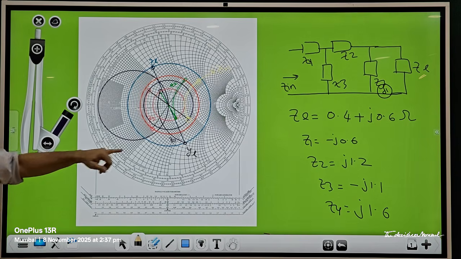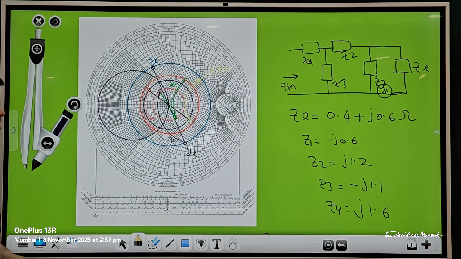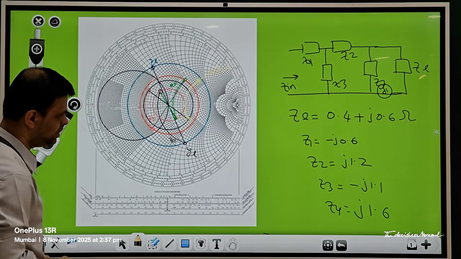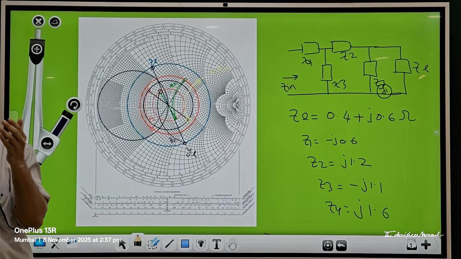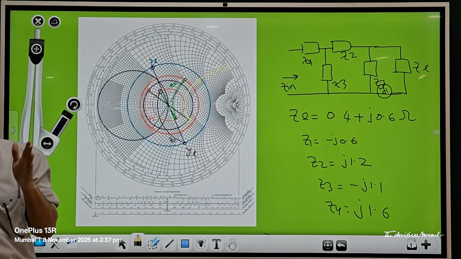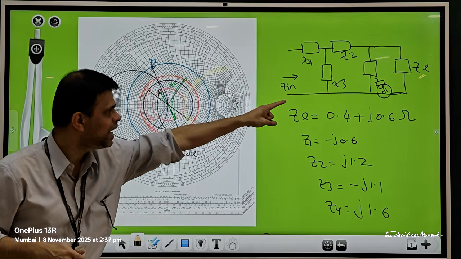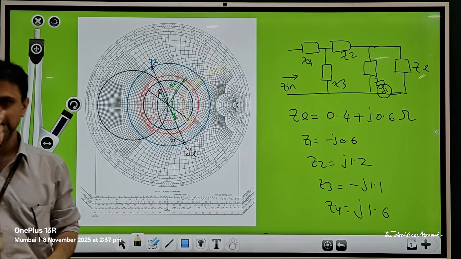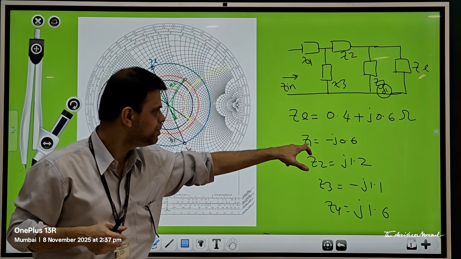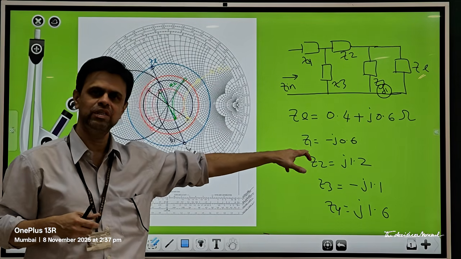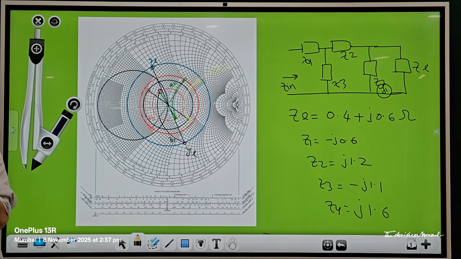The admittance is 1 minus JB in nature, and to that you add the susceptance of Z1, that is 1 upon Z1. Naturally the value is positive, so the susceptance will be positive. So accordingly calculate that value.